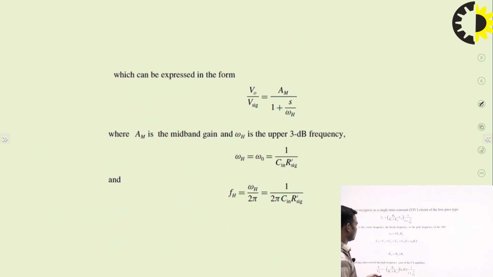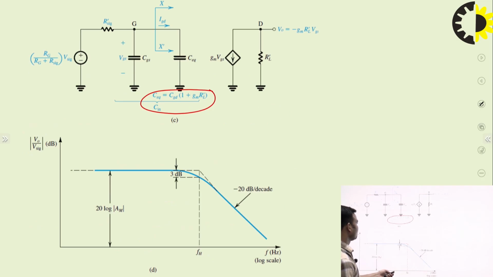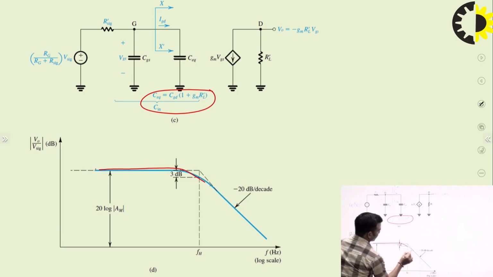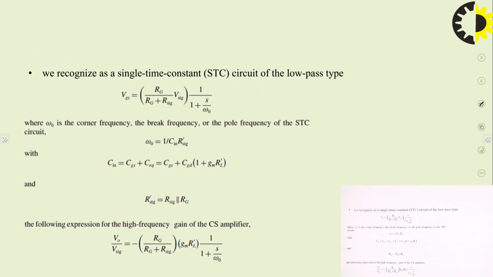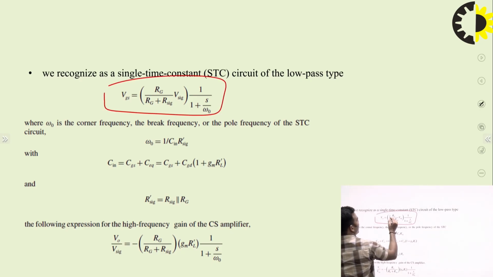Once you find this cutoff frequency, because in the midband the gain is constant and at higher frequency it decreases, this is the point where gain decreases by minus 3 dB. If you recognize a single time constant circuit of low pass type, then VGS will be equal to Rg upon Rg plus R signal into V signal and into 1 upon 1 plus S upon omega naught.